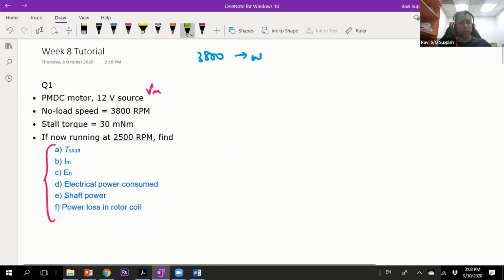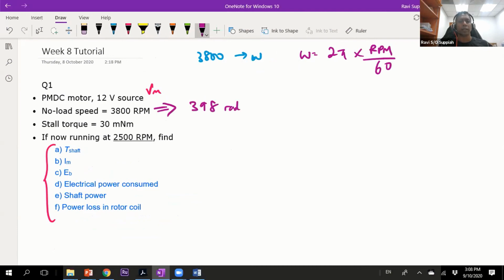To convert to omega, we know that the formula is omega equals 2 pi times rpm over 60. You just plug in that. So this 3800 rpm will translate to 398 radians per second.